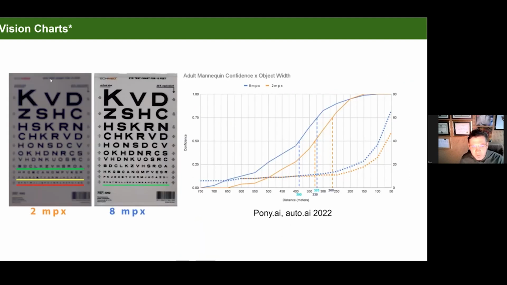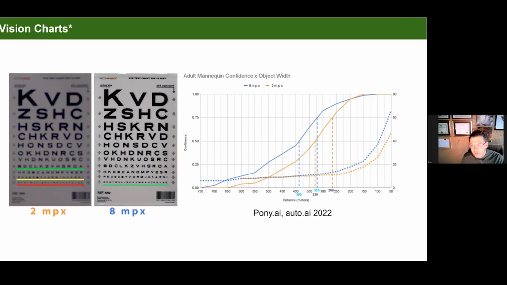And here is the translation of this vision chart capacity. This is for 2 megapixel, this is for 8 megapixel, and the blue line represents the confidence of detection of a human target at different distances. So you can see how much stopping distance or shooting distance you can gain based on the sensor resolution.